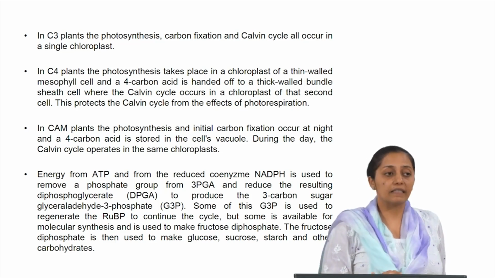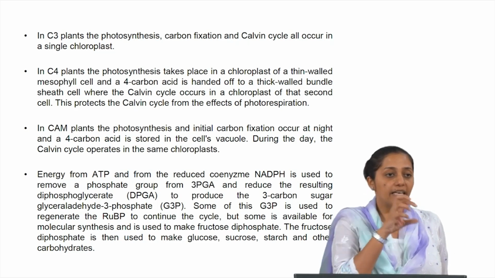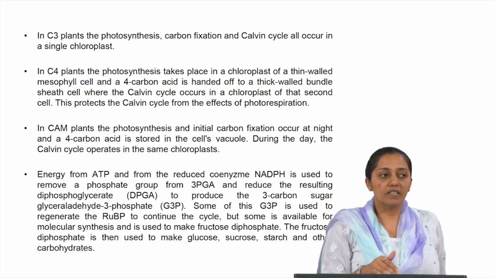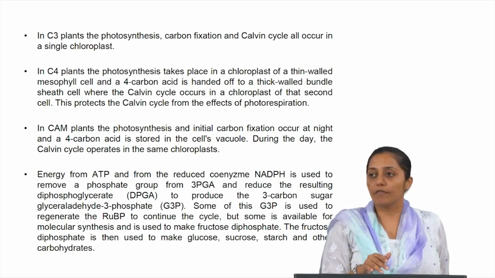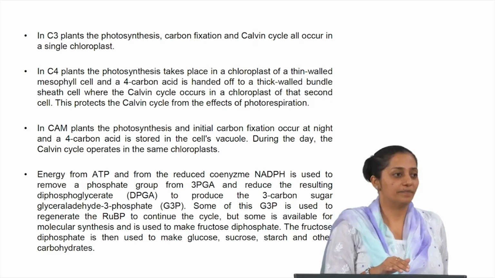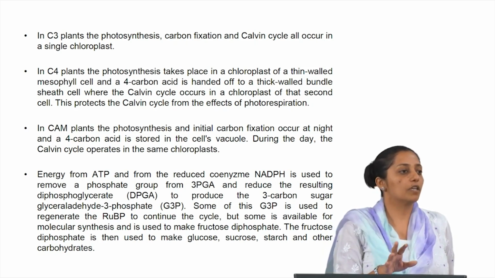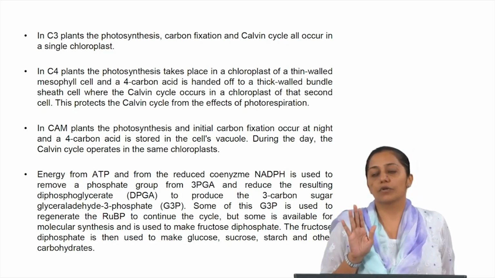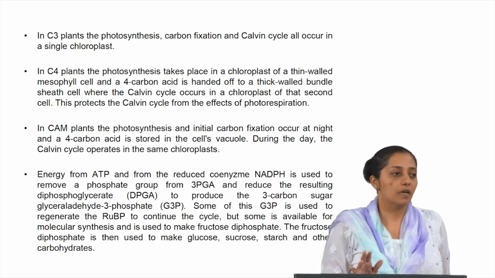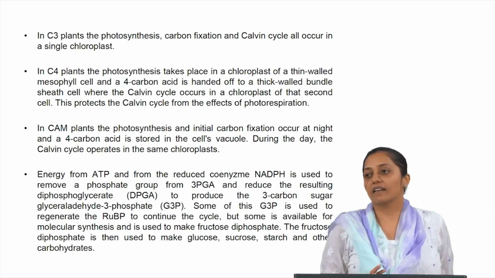Now in CAM metabolism, rather than opening in the early hours of the morning and taking in CO2 like C4 plants, these plants capture CO2 at night to form a 4-carbon molecule, and in the morning in the same cells this molecule is broken down and the dark reactions, fixing of the CO2 which is released, happen. So it is a temporal shift between the light and the dark reactions.